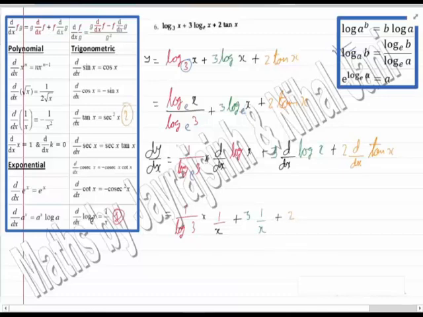Differentiation of tan x will be the sec square x, right? We can take 1 by x common, so it will be 1 upon log 3 plus 3 plus 2 sec square x will be the simplest and the final answer. Ta-da!